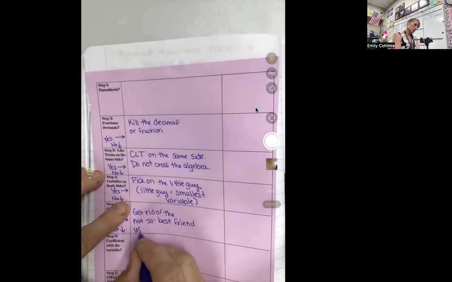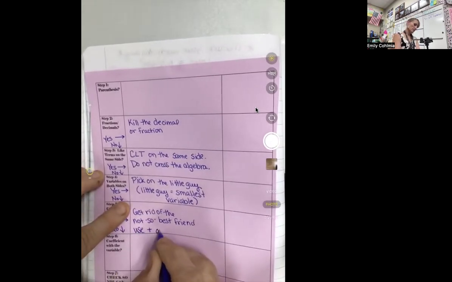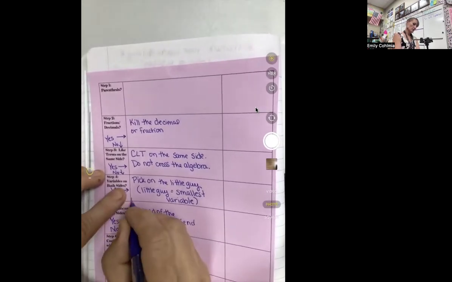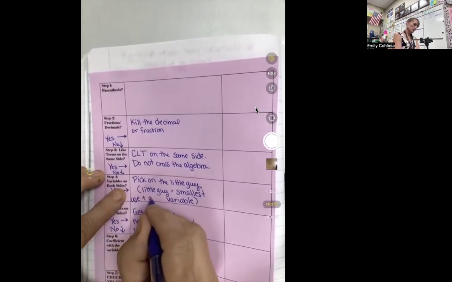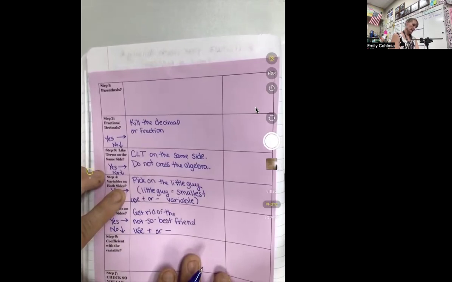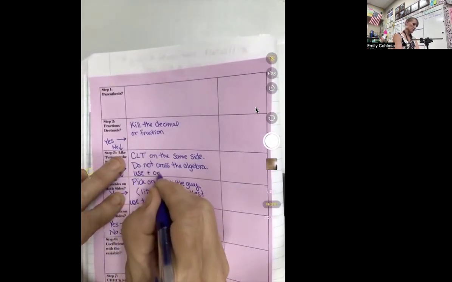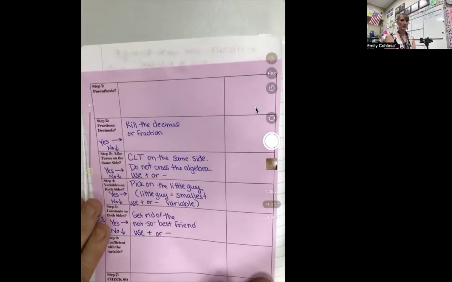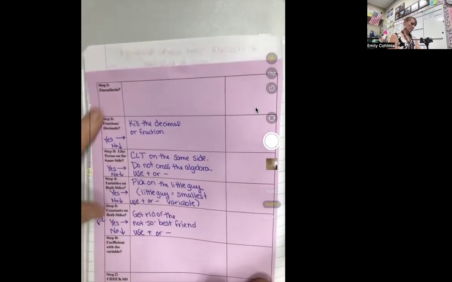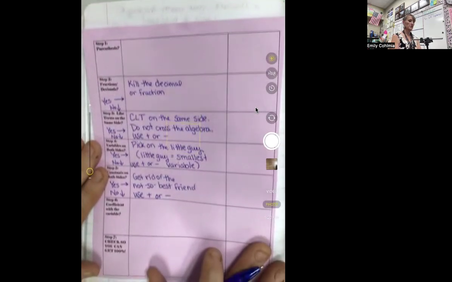We are going to use add or subtract to do this. Combine like terms, this is use add or subtract. So notice there's no multiplication and division past step 3, at least to this point.